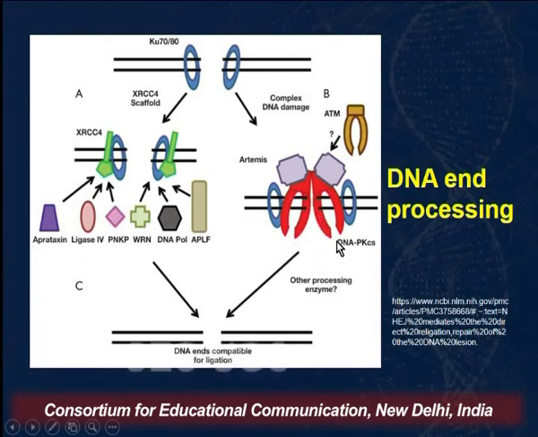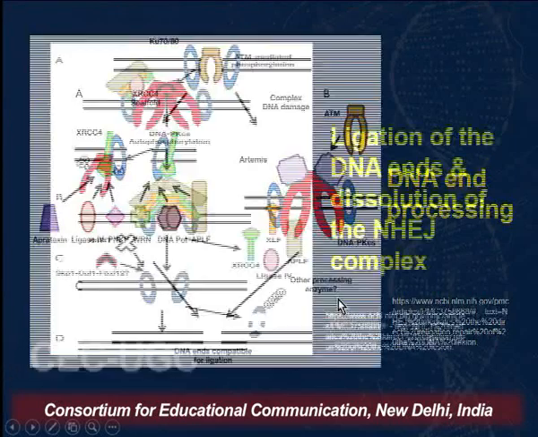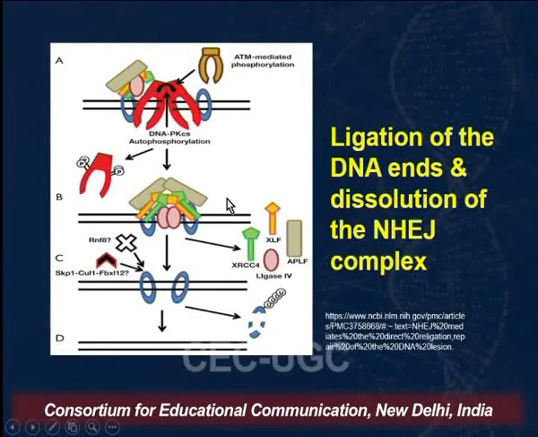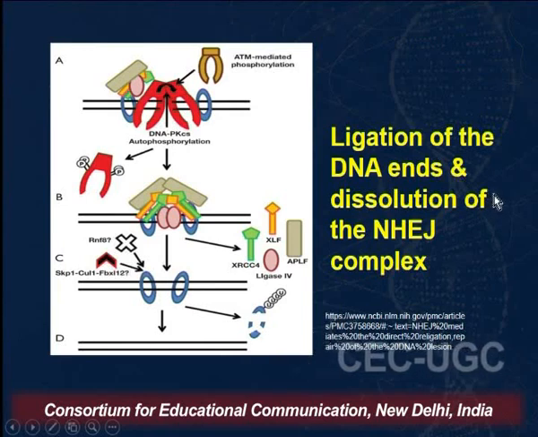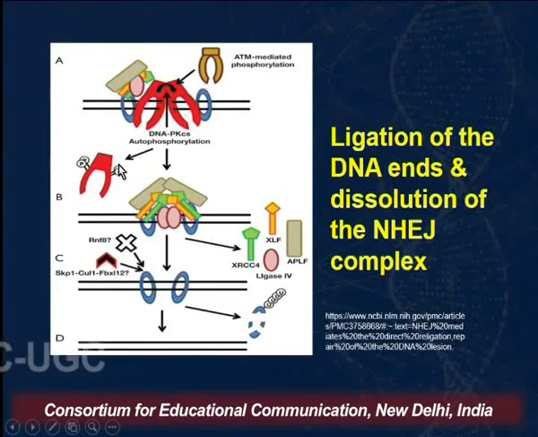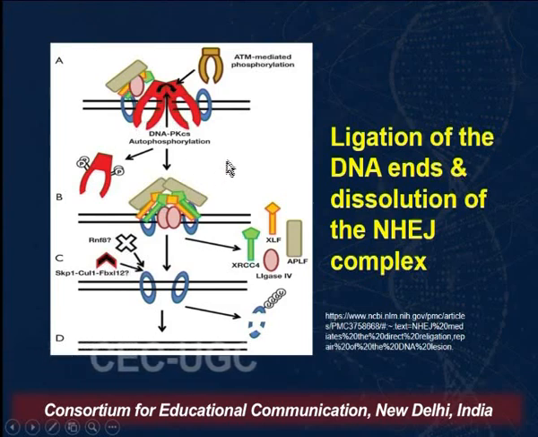So there are a number of proteins that process the ends and stabilize them and make them ready for the ligation to occur. The last step is the ligation of the DNA ends and dissolution of the NHEJ complex. So there is a phosphorylation, dephosphorylation that occurs.